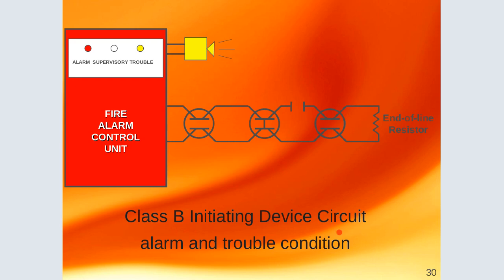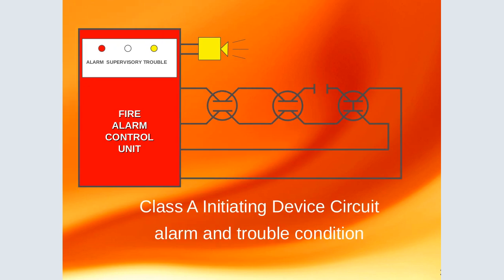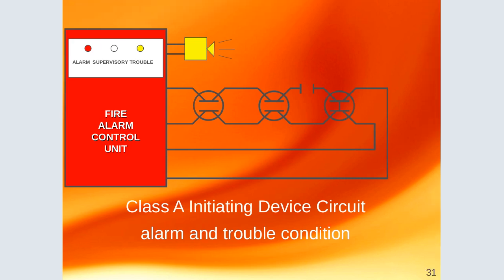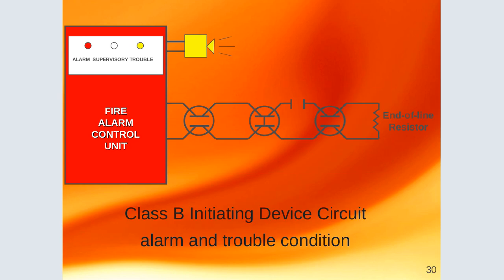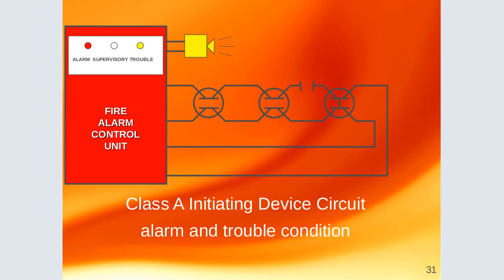For class B, initiating device circuit, alarm and trouble condition, you can see how the class B looks. Class A, initiating device circuit for the trouble condition, you can see how it will look. You will see the difference between class B and class A.